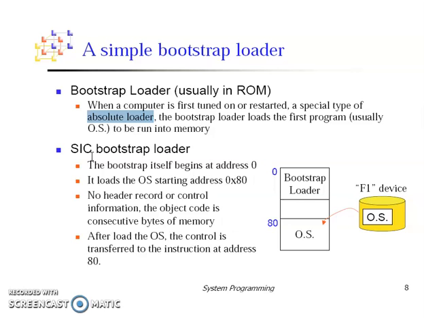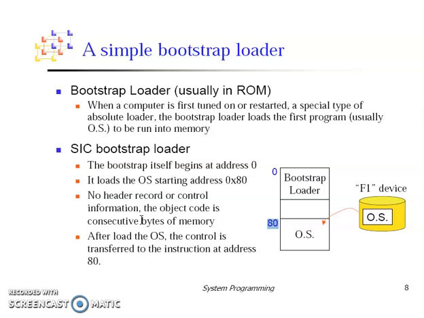Usually this process is done by the operating system. The SIC bootstrap loader begins at address 0. It loads the operating system from device F1 to the starting address 80.